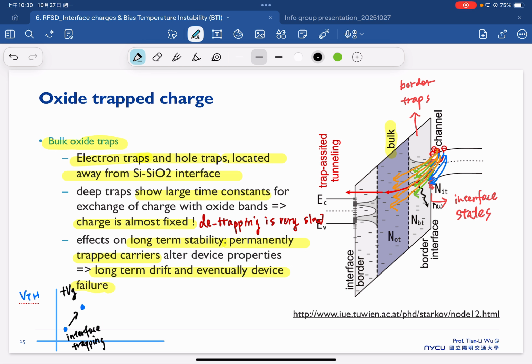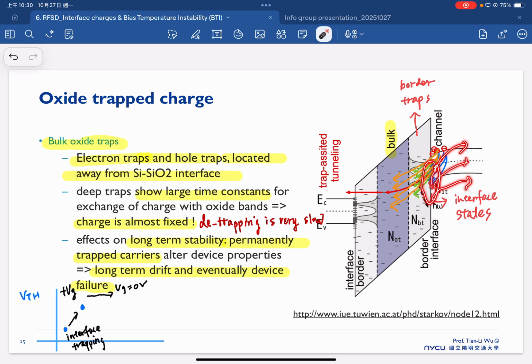Because interface states are pretty close to the interface, these are shallow traps. Therefore, once we stop giving the bias, Vg equal to 0 volt, we can expect this electron trapping to detrap, because these are close to the interface and their time constants are very small.